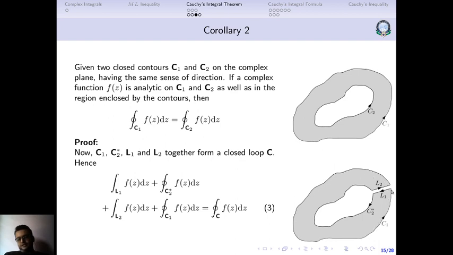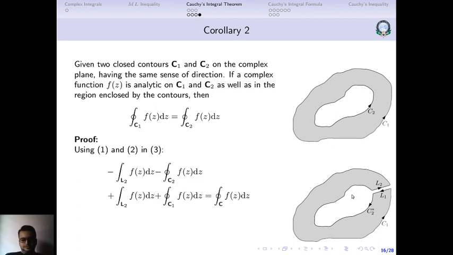We come back to the same path. It's the same continuous path. So C1, C2 star, L1 and L2 together form a closed loop, and let's call that closed loop C. So the integration over L1 plus the integration over C2 star plus the integration over L2 plus the integration over C1 must be equal to the closed loop integral over C.